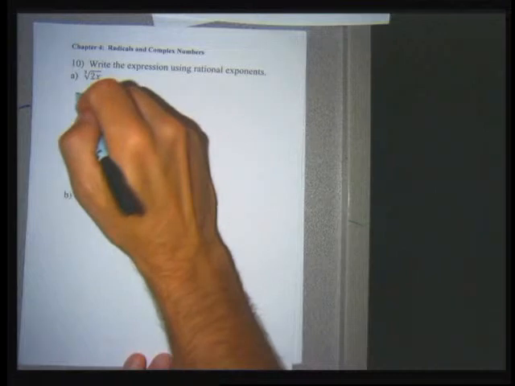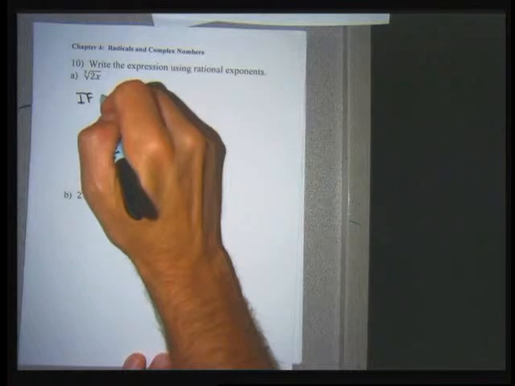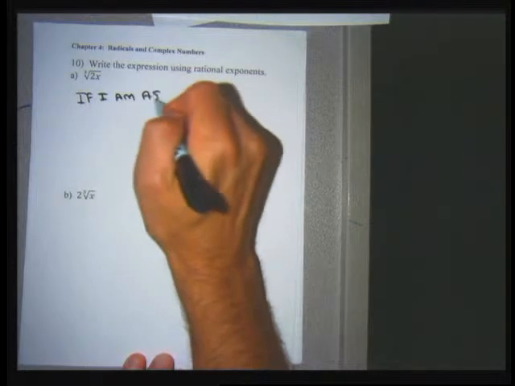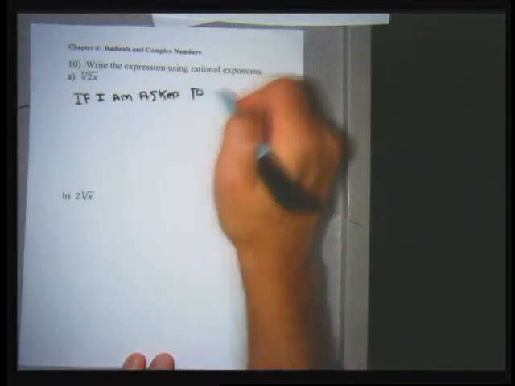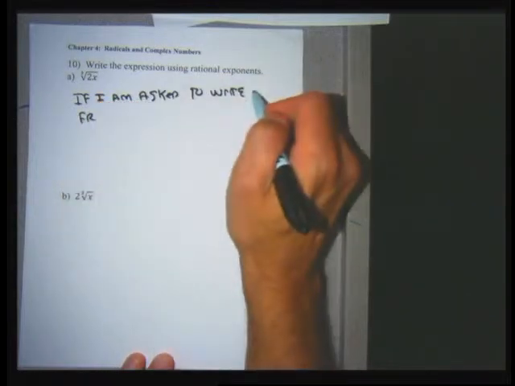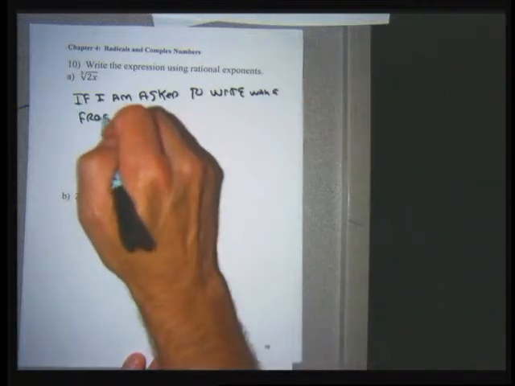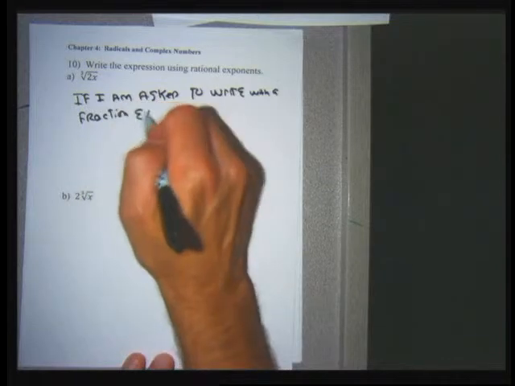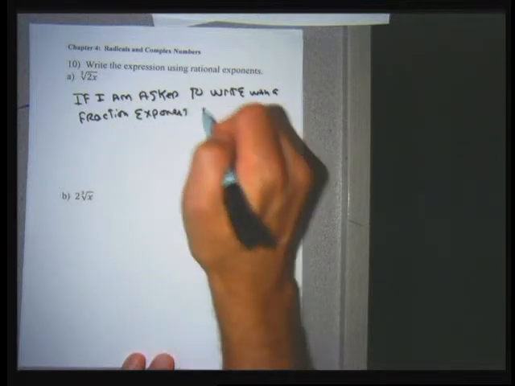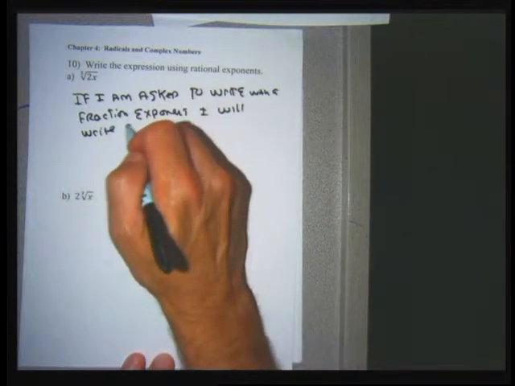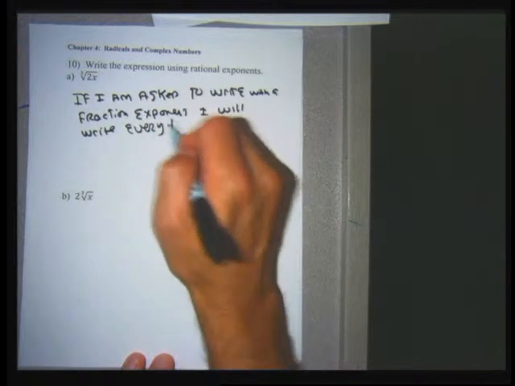So if something is under the radical and I'm asked to write it with a fraction or rational exponent, I will write everything under the radical with a fraction exponent. It's not the only way to do it, but it's a really safe way to do it.